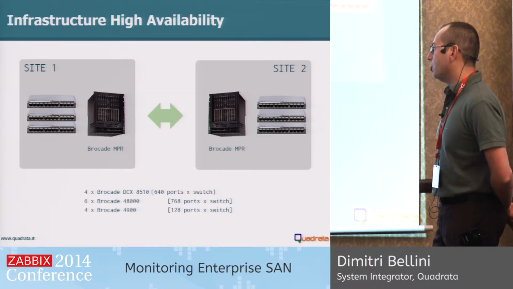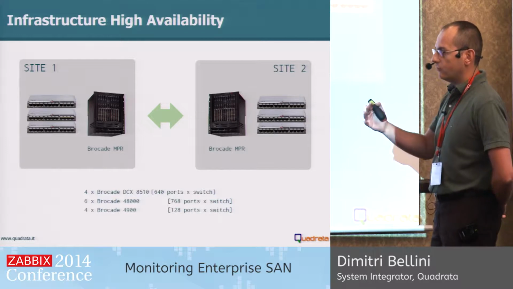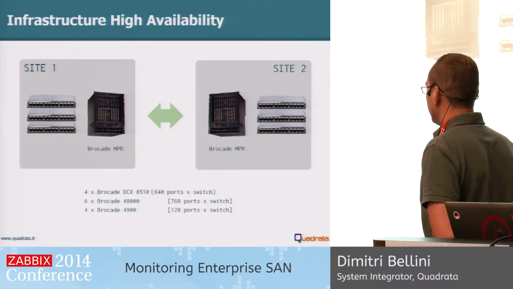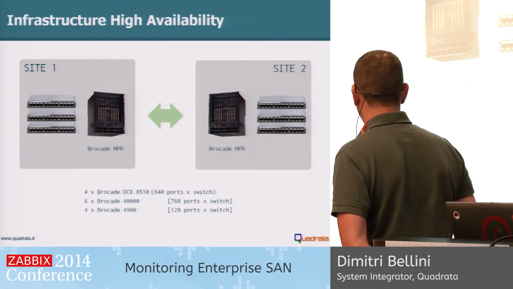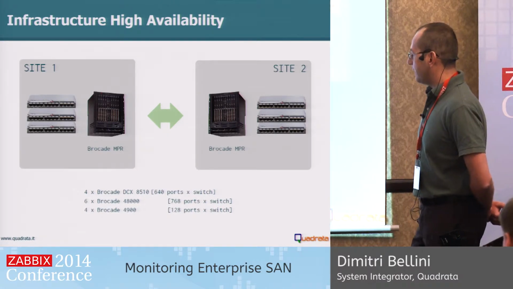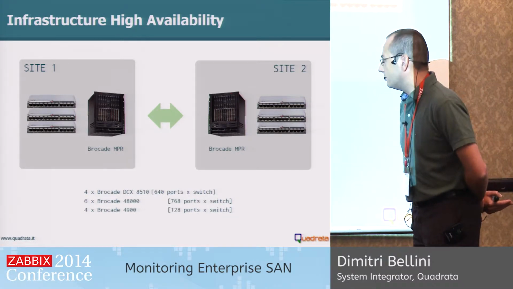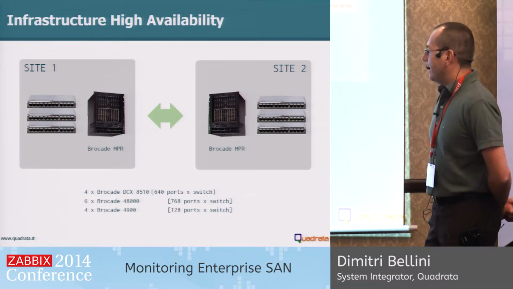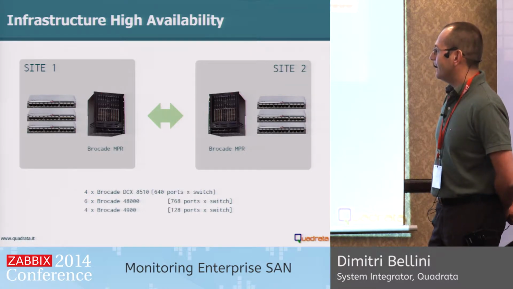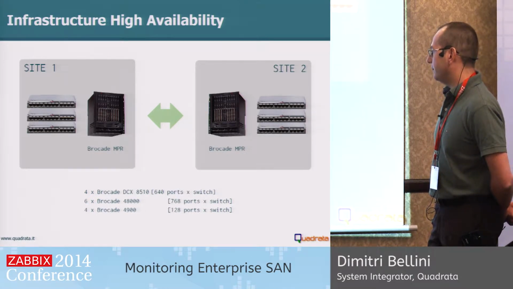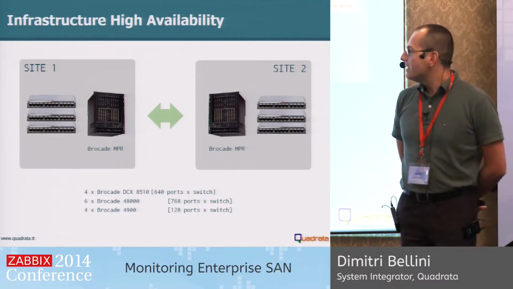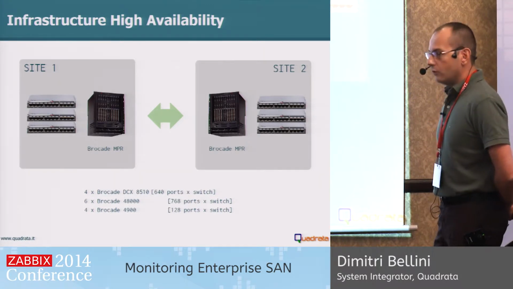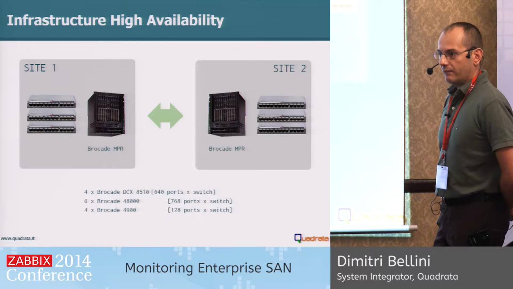This is a small case because now we are trying to extend Zabbix to another network of the same customer. But Brocade switches have a lot of ports, and for every site we have near 3,000 ports. It's a very huge amount of items for every host.